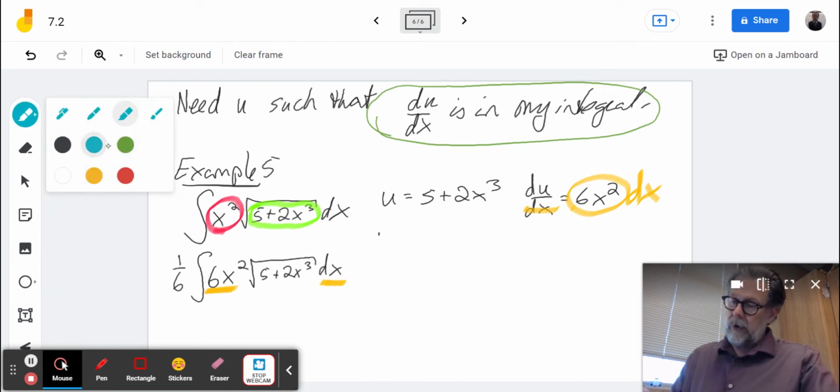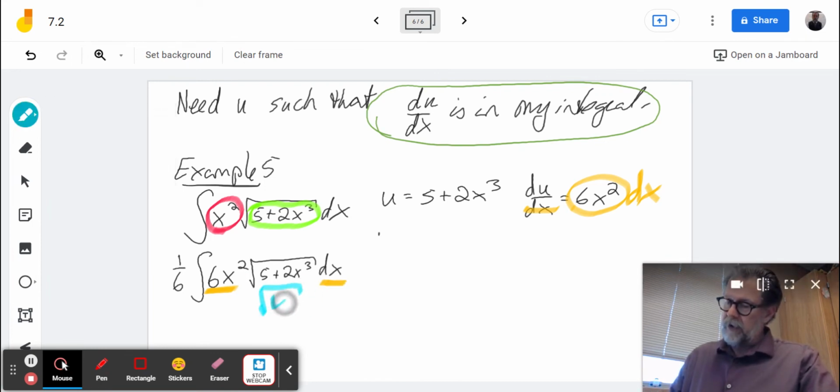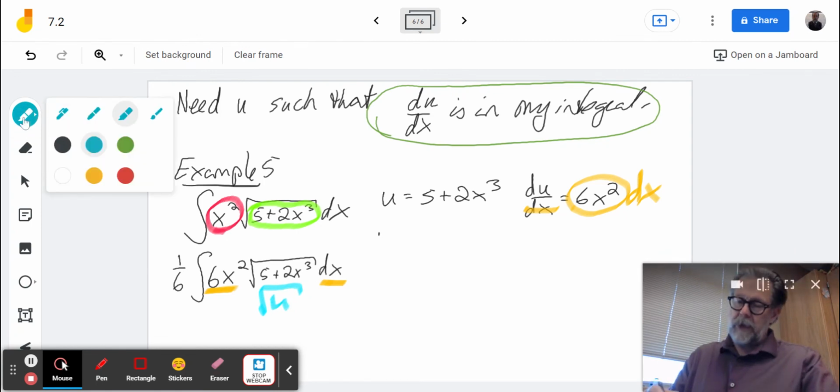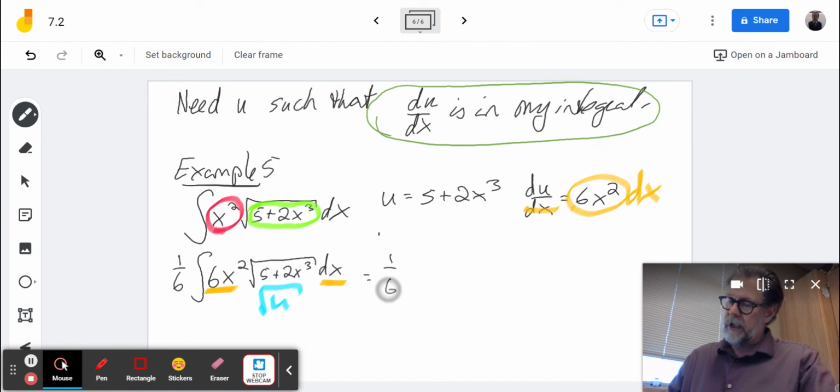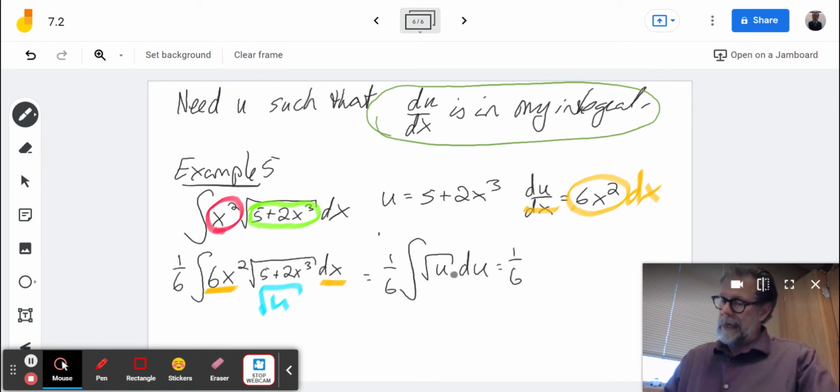And this is the square root of u, which means that my integral has now become the very simple integral 1/6 the integral of square root u du, which is 1/6 now integral u to the 3/2 times 2/3.